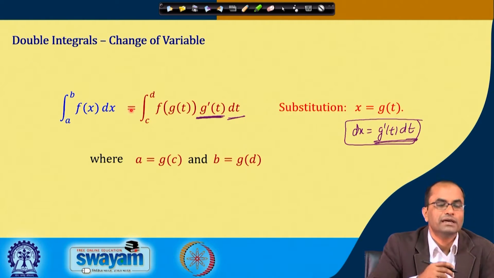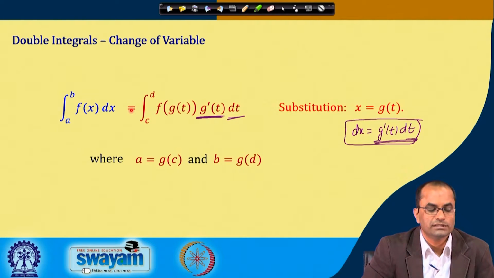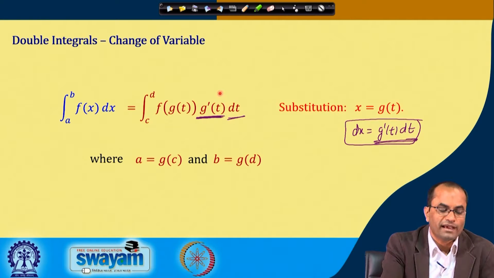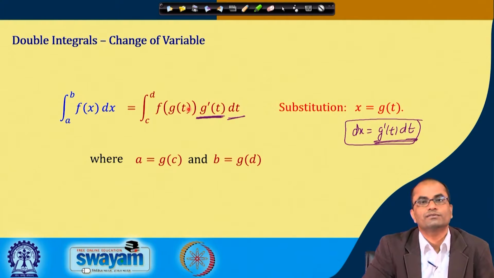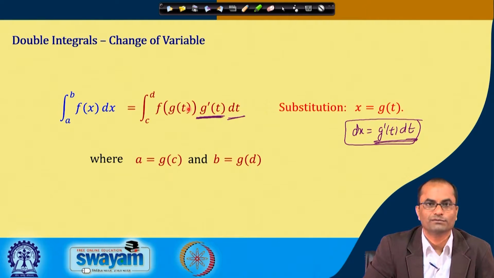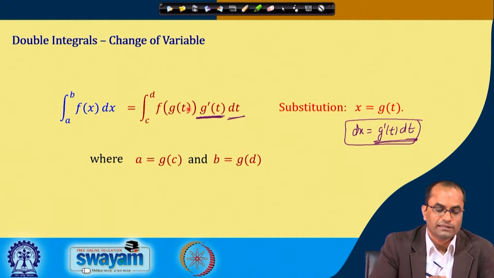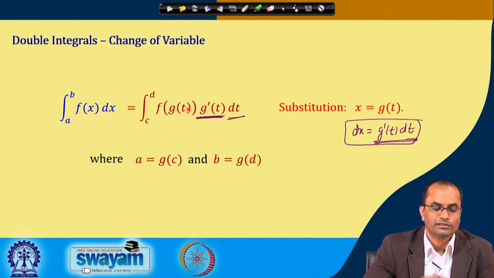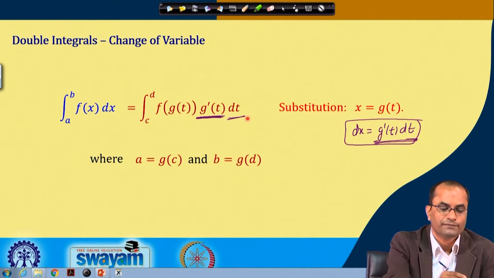So, in that way we have also computed these new limits, and we have substituted the variable, and instead of dx, dt has come, but with another factor which was in terms of the derivative of this g. So, a similar kind of derivative we will also get when we have an integral in two variables, or the double integral.